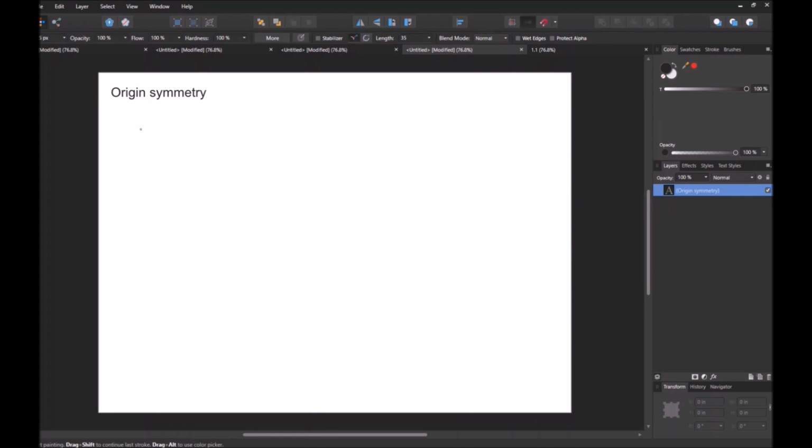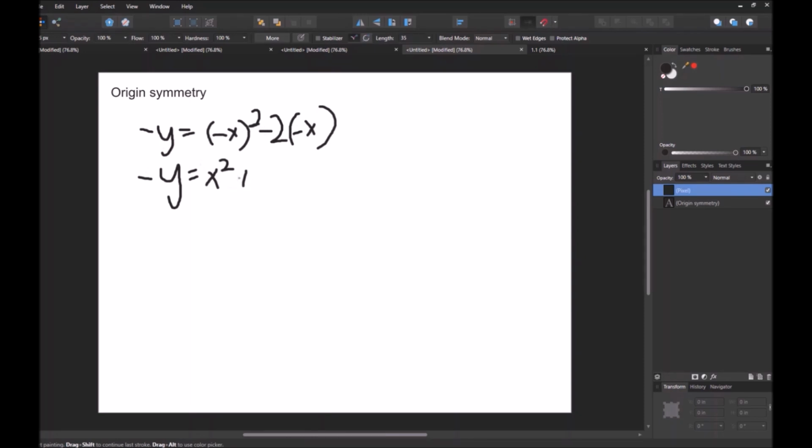So we're going to do negative y equals (negative x) squared minus 2 times negative x. So we're going to leave this negative y here for just a moment, and we're going to evaluate negative x squared as x squared, and we're going to evaluate negative 2 times negative x as plus 2x.